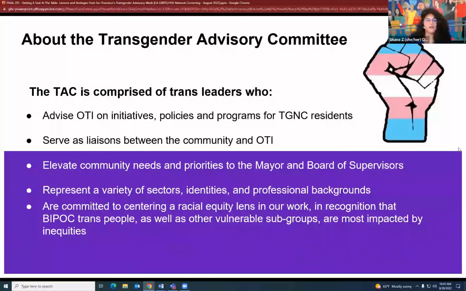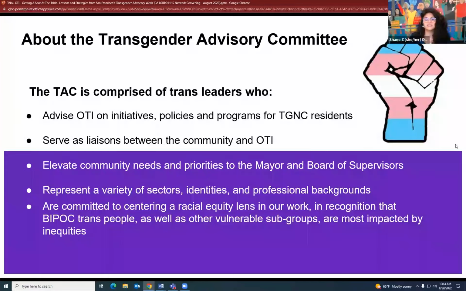So with that, one of the big ways that we collaborate with our community is with the Transgender Advisory Committee. Now, this committee is comprised of different trans leaders in San Francisco, and those leaders serve the trans communities in different ways. Like you heard from Nicole, an executive director for ELA para Trans Latinas. We've been able to have her voice a part of this group of trans leaders. We have Joaquin here. I used to be a TAC member. So it was just a collection of leaders that represent a variety of sectors to discuss the needs of our community.